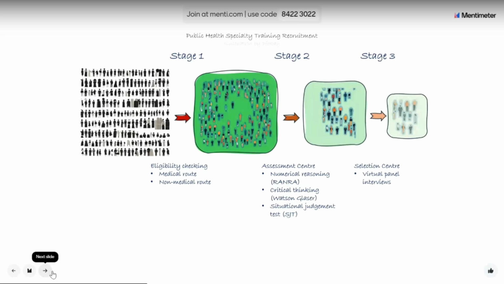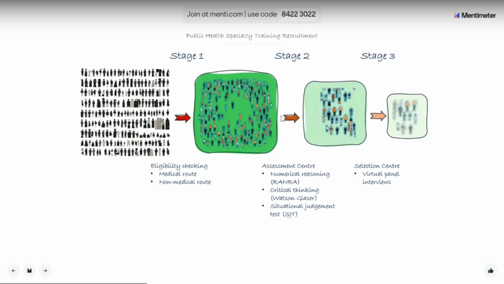And like I mentioned earlier, both people with medical backgrounds and non-medical backgrounds can apply. The eligibility check-in is a bit different for these two groups. I think it's only at this point where there are some differences for the medical and non-medical route. Subsequently, everybody goes through the same processes through the applications, and even in training, you're doing entirely the same things.